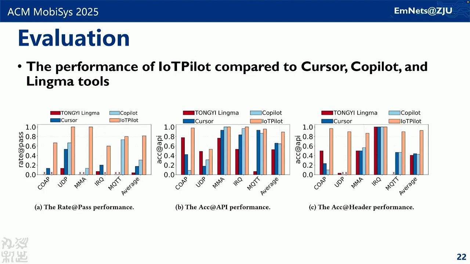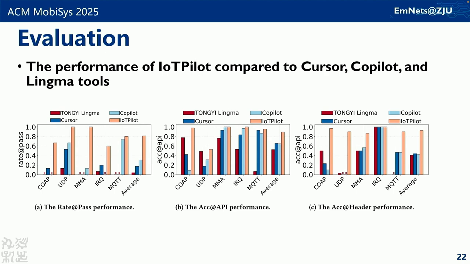We also compare IoTPilot with existing code generation tools and observe that IoTPilot outperforms them. This is mainly due to the following reasons. Existing tools often incorrectly reference libraries such as NanoCoAP, UDP, and CoAP. They frequently miss critical headers like MQTT.h due to missing context knowledge.